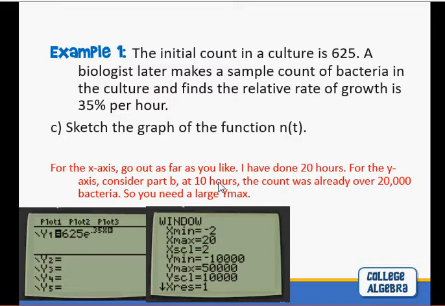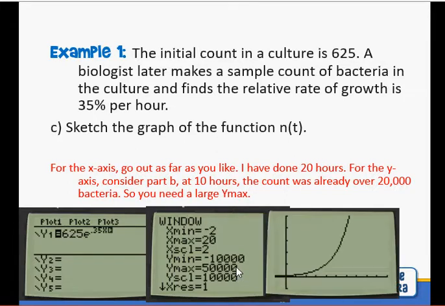I went -2 out to 20, which would cover 20 hours. And I did a scale of 2 since I was going out to 20. And then in the y direction, just by looking at some of the values, I saw it had to be really, really large. Like we already know at 10 hours it's 20,000. So I picked a scale of 10,000 and went to 50,000. And if it doesn't look good, I could change the window, but you get a pretty good graph there, exponential growth.